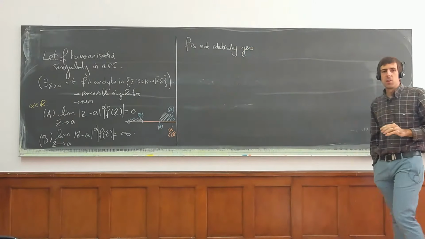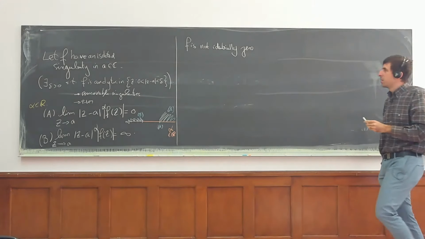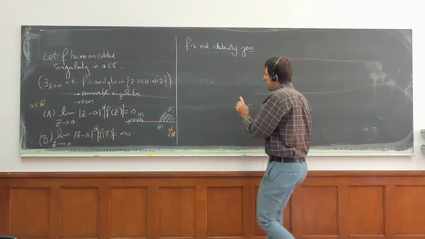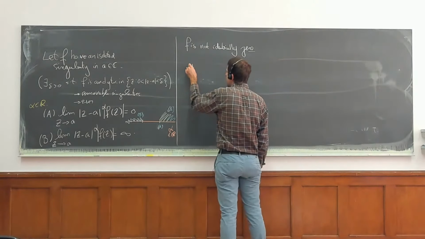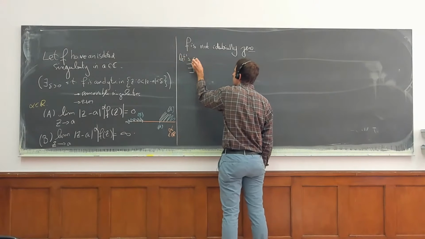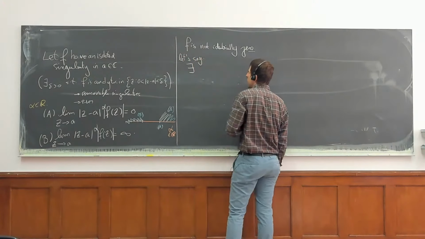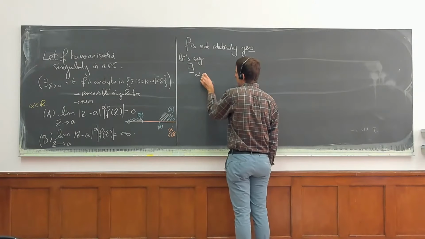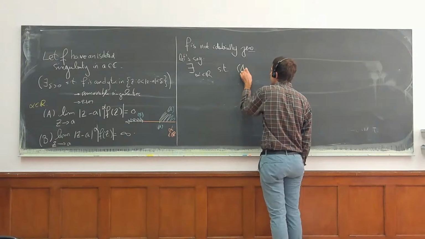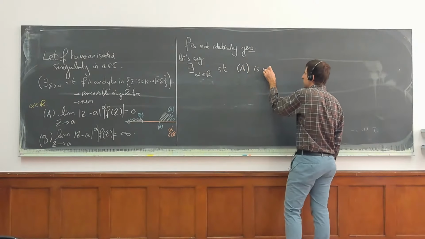So f is not identically 0 because we know that's a very special property. Let's suppose that there exists a real alpha such that A is satisfied.